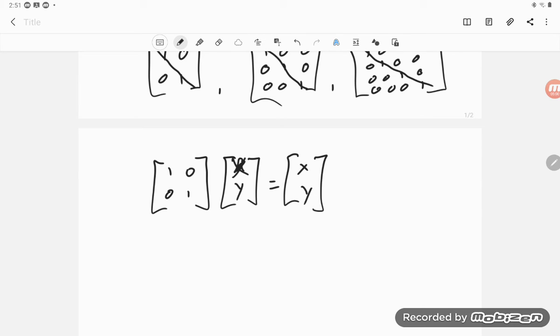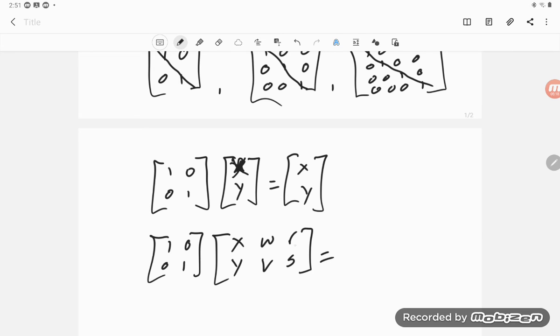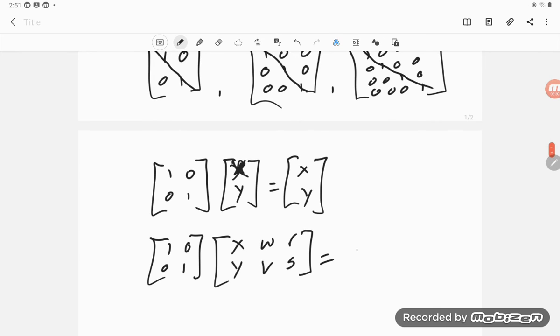And now if I just made this a bigger matrix, well, each time I multiply, I'm just doing the same thing to each column. So there's XY, WV, RS, it'll do that same thing to each column. And so I'll get XY, WV, RS. I just get the same thing back.